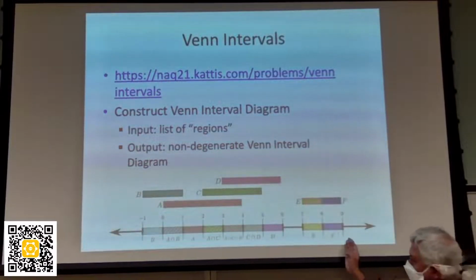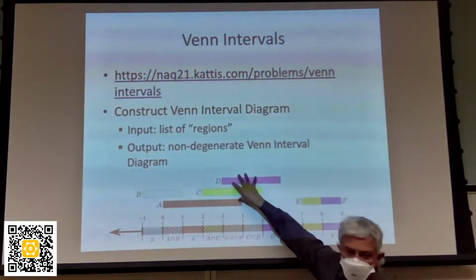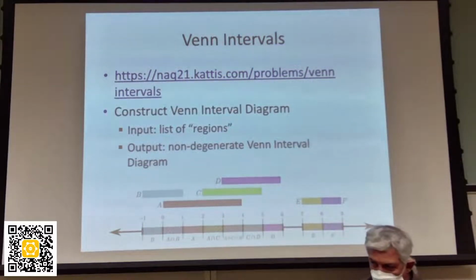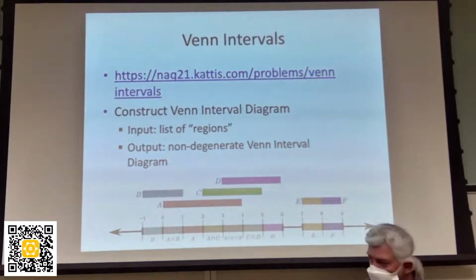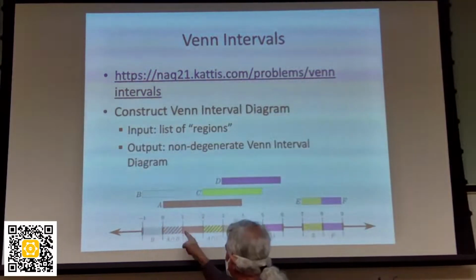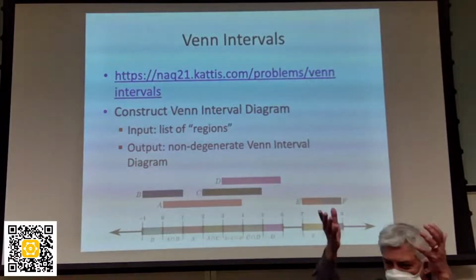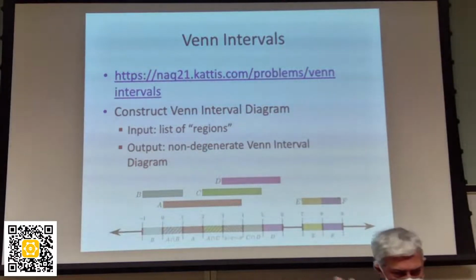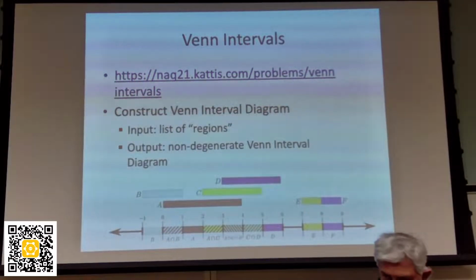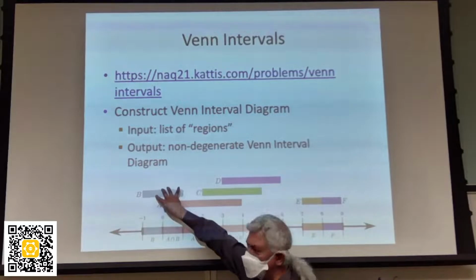Now, you can get this quite easily if you're given this, because all I have to do is mark all these endpoints, and then figure out what things are intersected, what things cross this region. So these are called regions. Those are called sets.